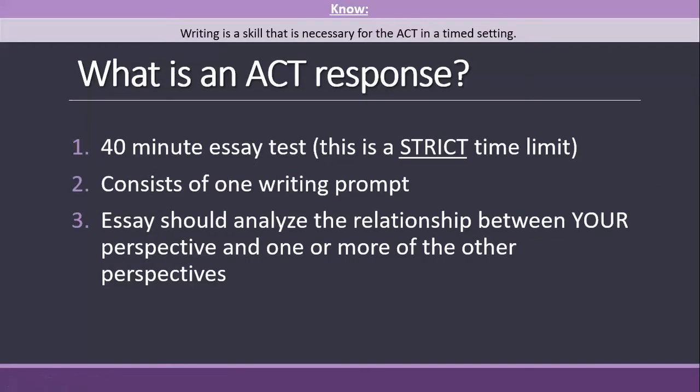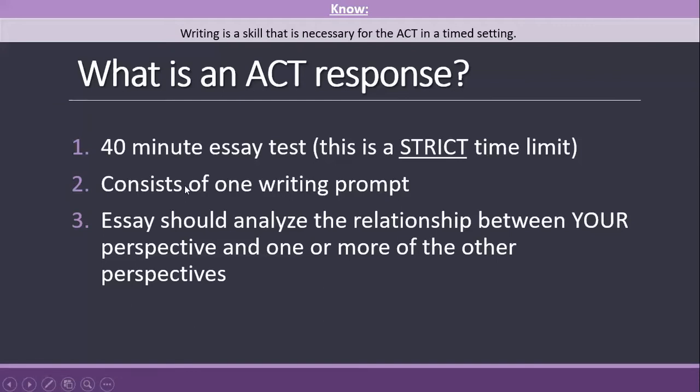So the ACT writing task, we're going to do the same practice as you would on the ACT. It is a 40-minute essay test. You're given a prompt, you're given perspectives you have to analyze, and you get 40 minutes to write an essay in response to that prompt.